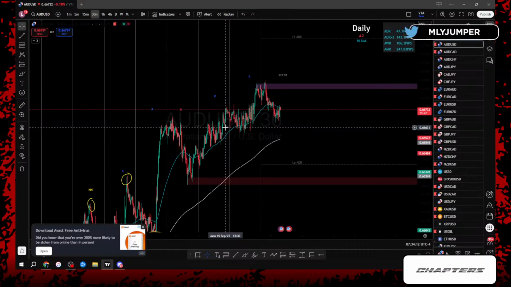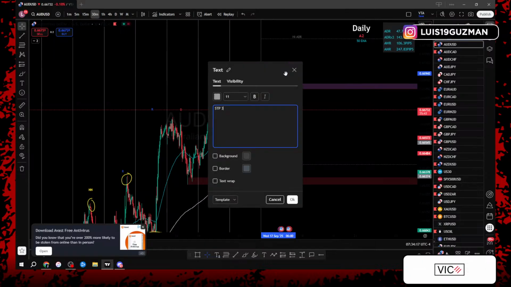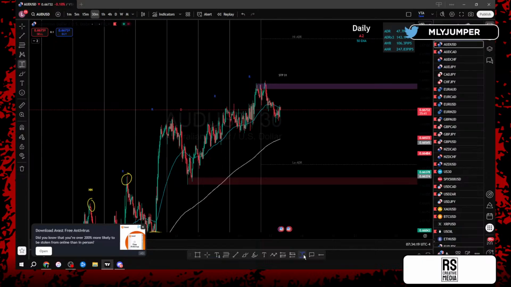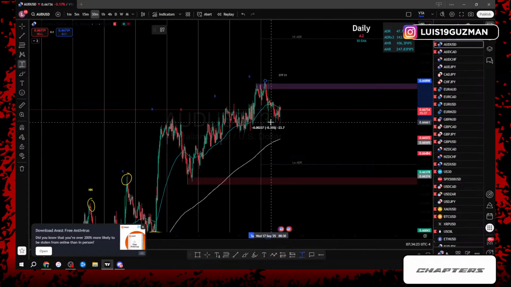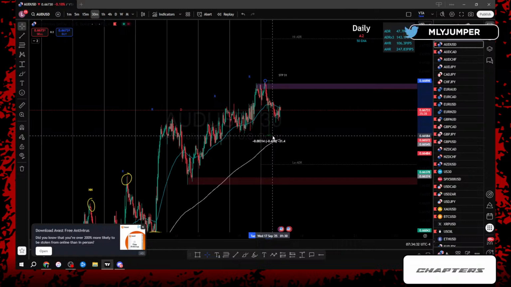STP, minus 33%, is 31 pips. So we grab this. 31 pips is STP. From the top to the bottom or from the bottom to the top, we've already done 23 pips out of the 31. So AU still has a little bit left to go before STP's hit.